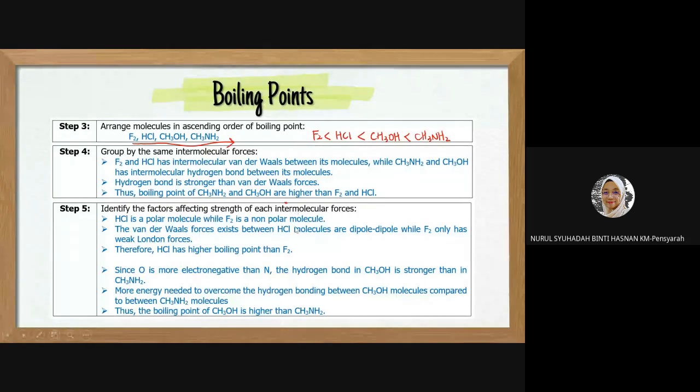Yang ni nanti saya akan bagi dan awak boleh baca kemudian. Yang penting, explanation dekat sini banyak. Nanti dalam tutorial saya akan bagi satu contoh soalan yang pendek sikit dia punya explanation. Tapi yang penting tadi saya nak awak nampak macam mana nak tentukan dia punya susunan. So check dia punya intermolecular forces. Okay. Clear?